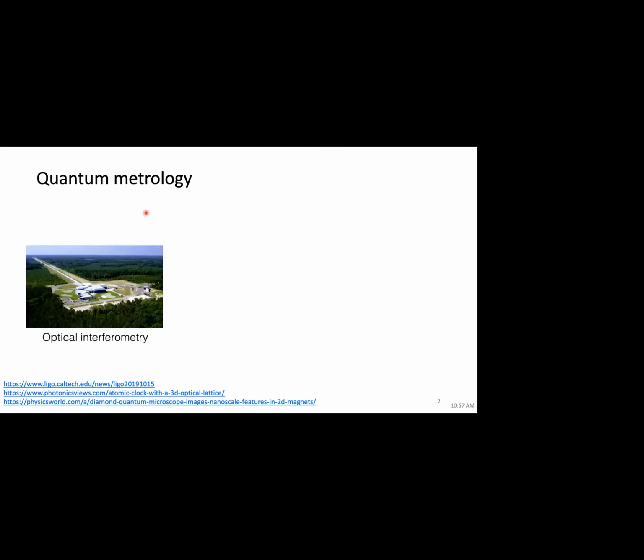It has a lot of applications in different experimental platforms. For example, in optical interferometry, we can use metrology to estimate gravitational waves. In atomic clocks, we can estimate the frequency of the clock.